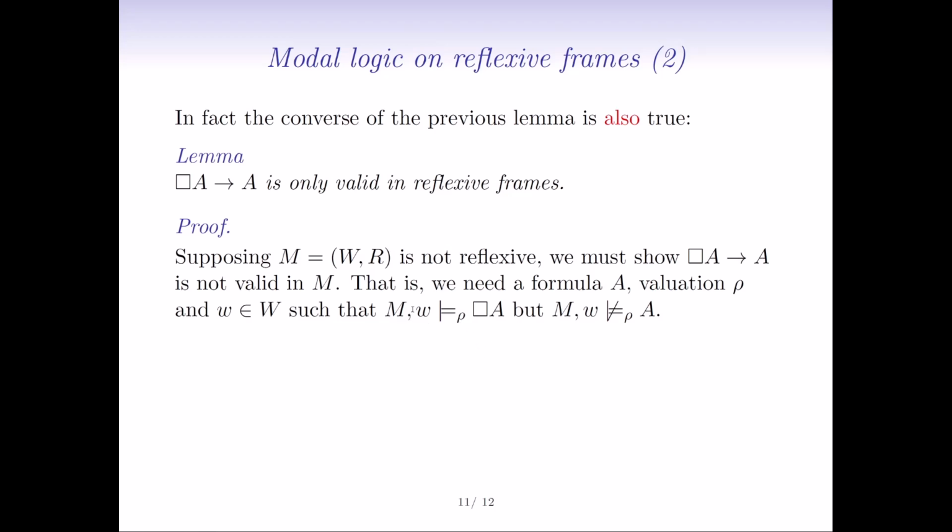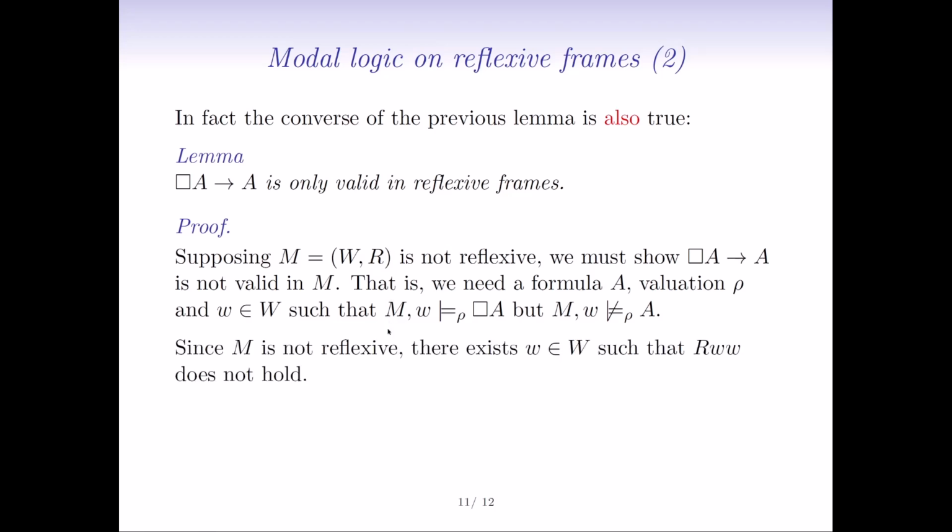That is to say, w satisfies box A, but w does not satisfy A itself. Again, we are basically in the business of looking for a countermodel. The only difference is that this time we're not allowed to choose the frame. We've already been given an arbitrary frame which is not reflexive, but we are free to choose a point in that frame. Now, the way to start here is to say, well, the frame M is not reflexive, meaning that the relation R is not reflexive.